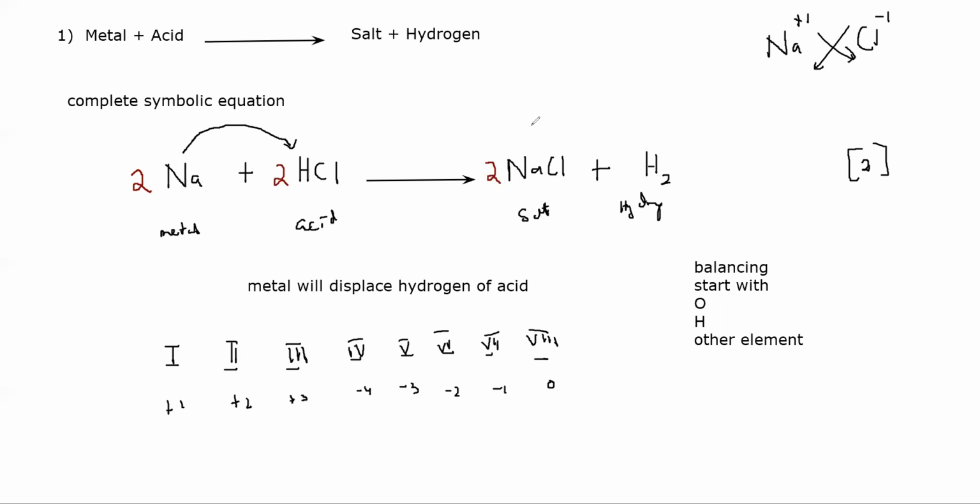So the first thing for a symbolic equation is completing a product. The second thing is balancing an equation. I'll give another example. Take a screenshot of this, or you can copy from the video recording.